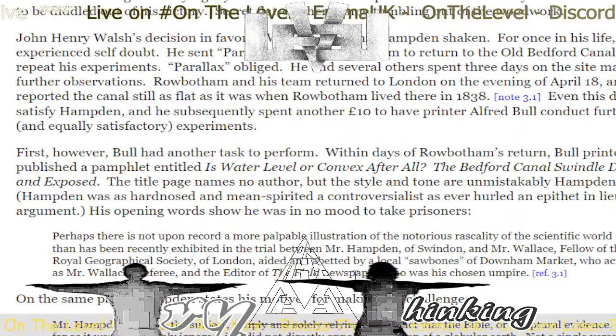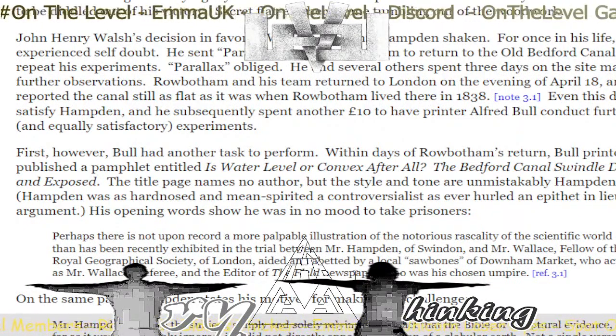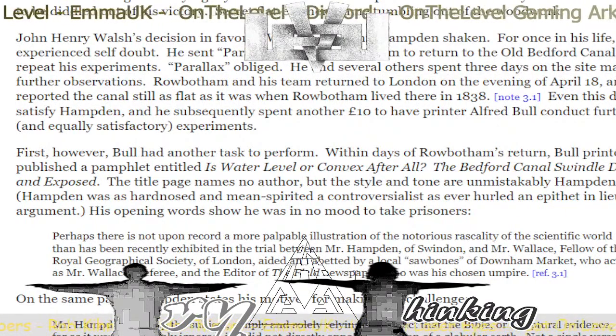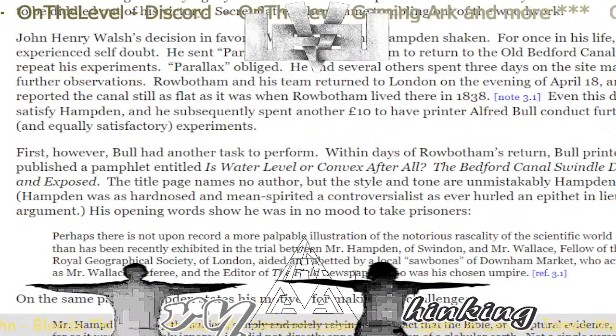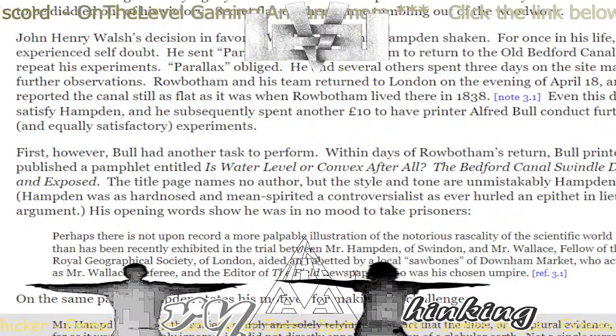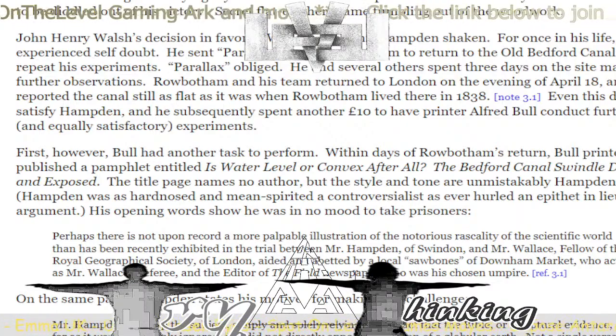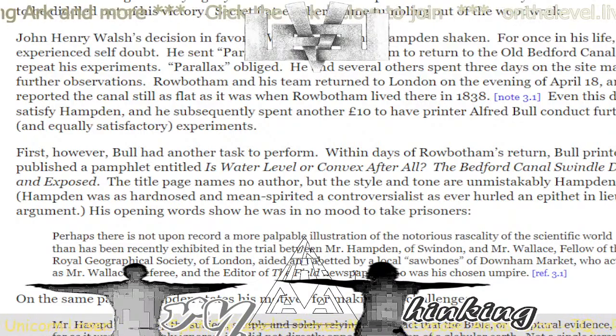Within days of Rowbotham's return, Bull printed and published a pamphlet entitled "Is Water Level or Convex After All? The Bedford Canal Swindle Detected and Exposed." The title page names no author, but the style and tone are unmistakably Hampton's.